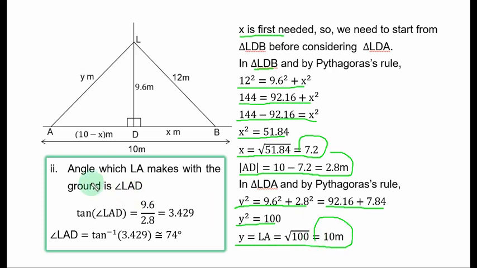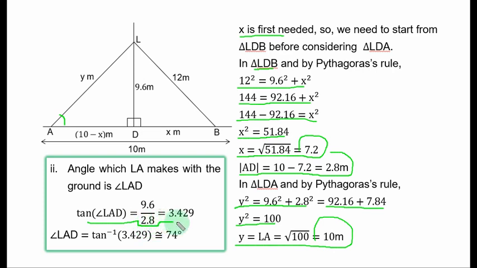Now, to find the angle that LA makes with the ground level, you can use any of the trig ratio, since all the sides are known in triangle LDA. That angle is LAD, so let's use tangent. Tan LAD is equal to opposite 9.6 over adjacent 2.8.